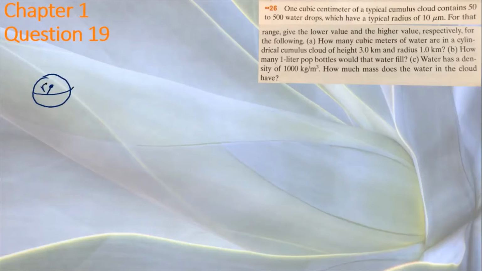And it has radius r, and the problem tells us that r is equal to 10 micrometers. And 10 micrometers is equal to 10 times 10 to the negative 6th meters.